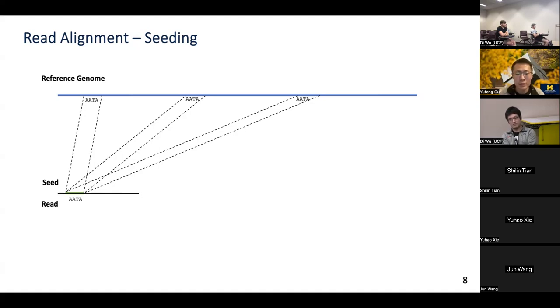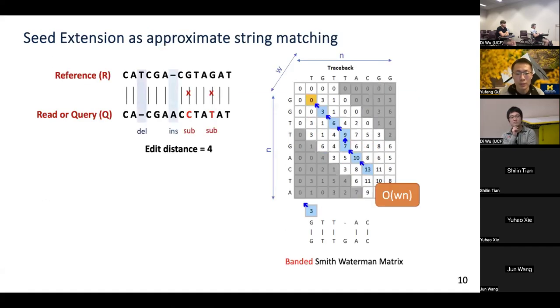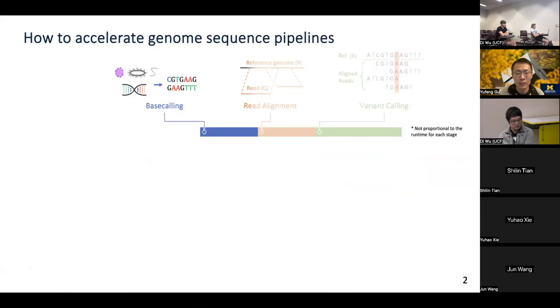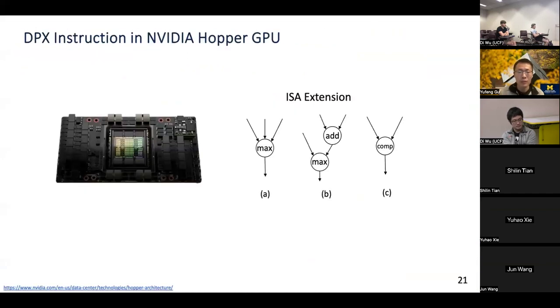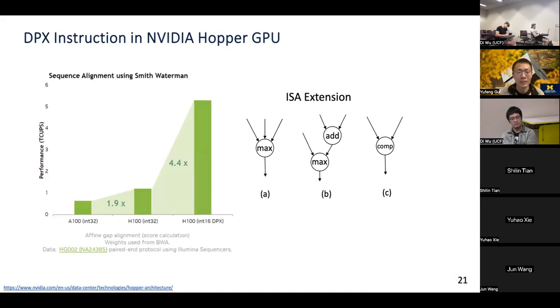And the second difference is the operation itself. For example, if we look at the NVIDIA DPX instruction, I think it's specially designed for genomics algorithms, because in their blogs and documents they use Smith-Waterman sequence alignment to evaluate this DPX instruction.